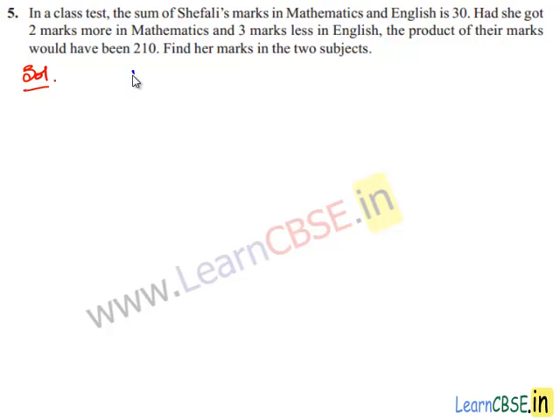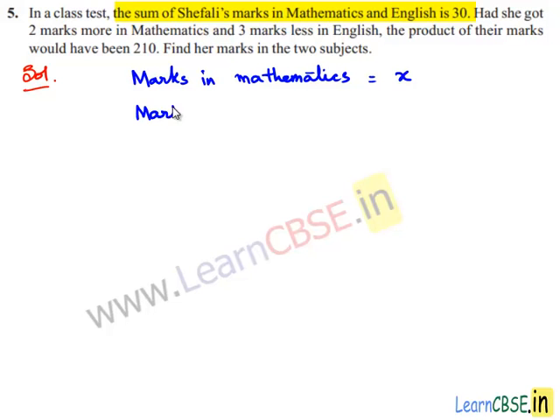Assume the marks of Shefali in mathematics is equal to X. So marks in English is equal to (30 minus X). This is because sum of marks in mathematics and English is equal to 30.